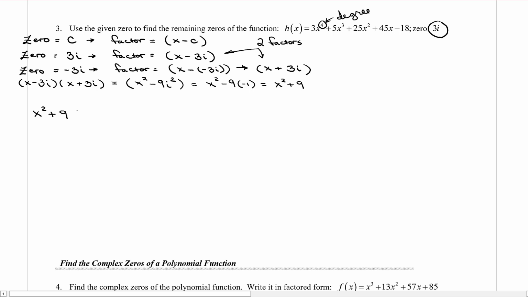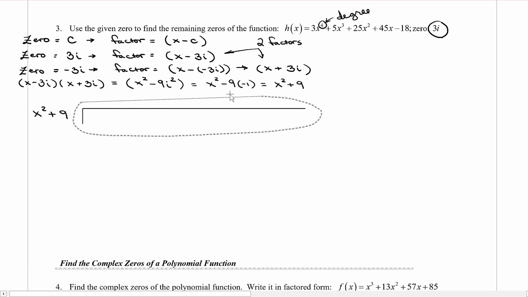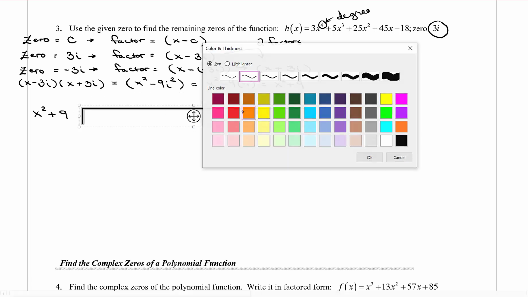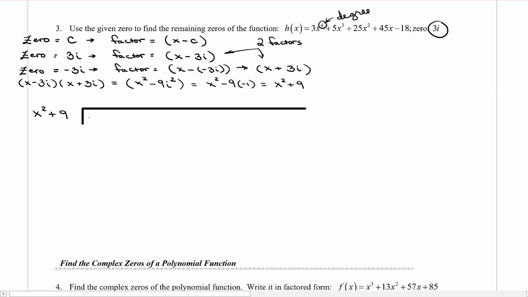We're going to divide x squared plus 9 into our polynomial function that we have right over here. I'm just going to copy it down from what h of x is equal to. And so we've got there 3x to the 4th plus 5x cubed plus 25x squared plus 45x minus 18.